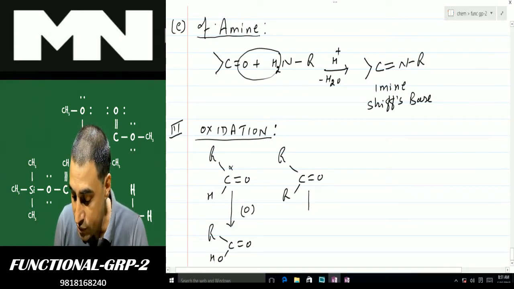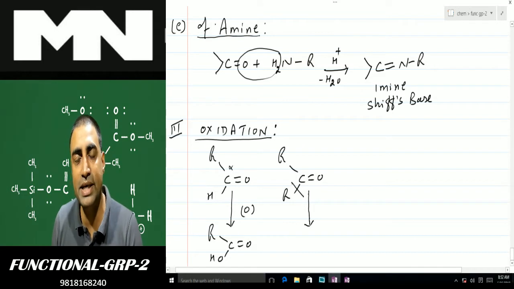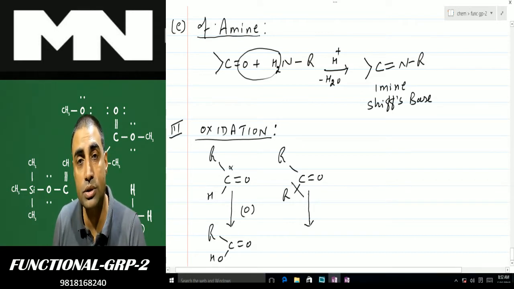Whereas in case of ketone, it is not like this. You have to break this carbon-carbon bond to form a carboxylic acid. That means aldehydes can undergo oxidation easily, but ketones do not.